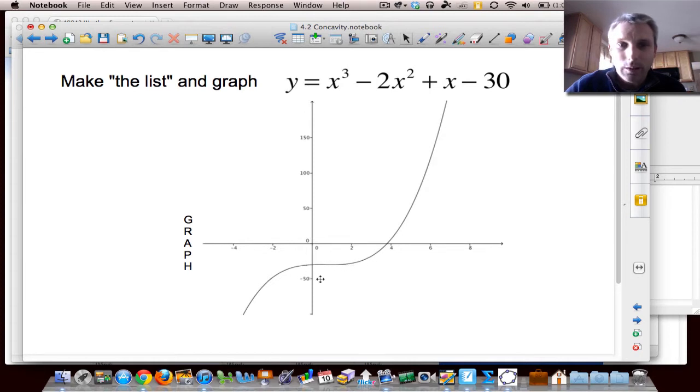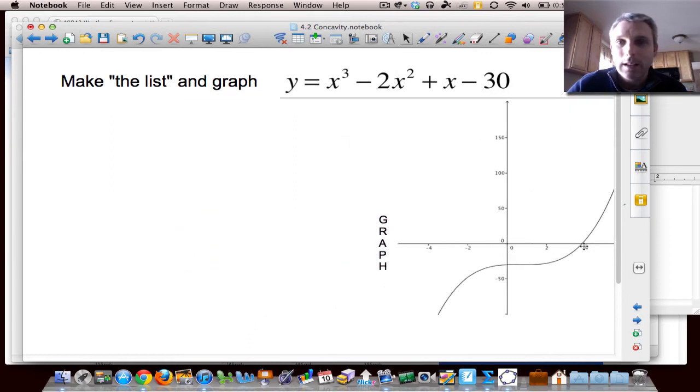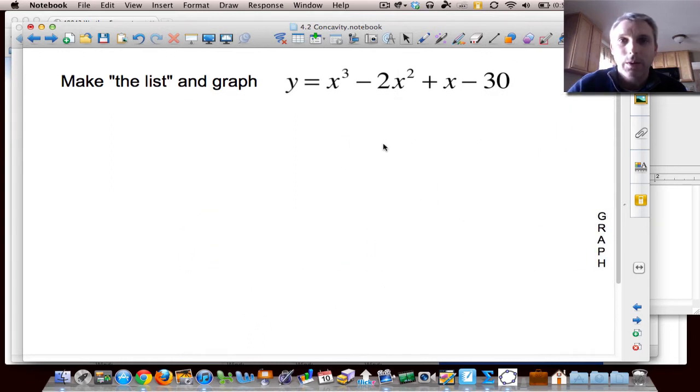It's a little hard to tell what's going on here. My scale's really not going by 1, so it's hard to tell. It definitely looks like I've got some concave down to concave up. And I guess that's some things I'm expecting to see. Let's drag this over here, get it out of the way, and let's see what the calculus tells us.